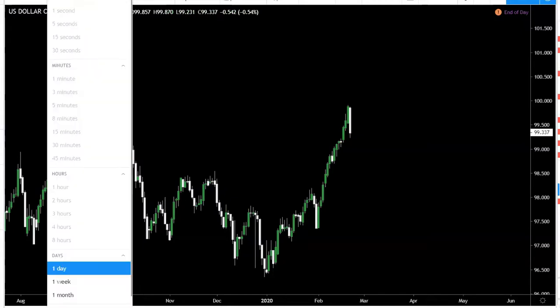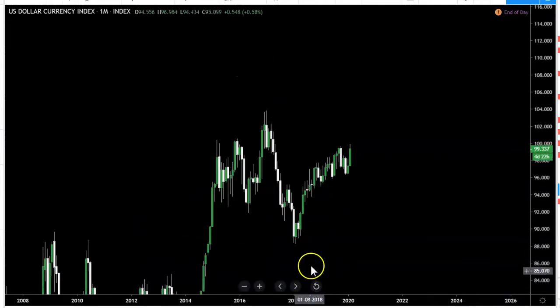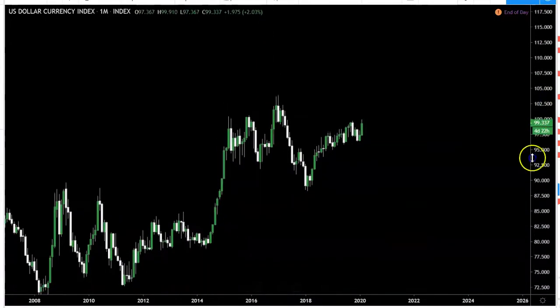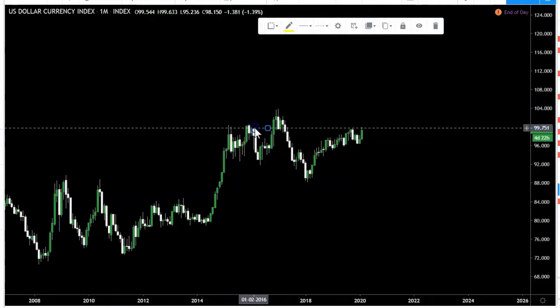I'm not one that follows the crowd by any stretch of the imagination, and this dollar index is really at a significant inflection point.